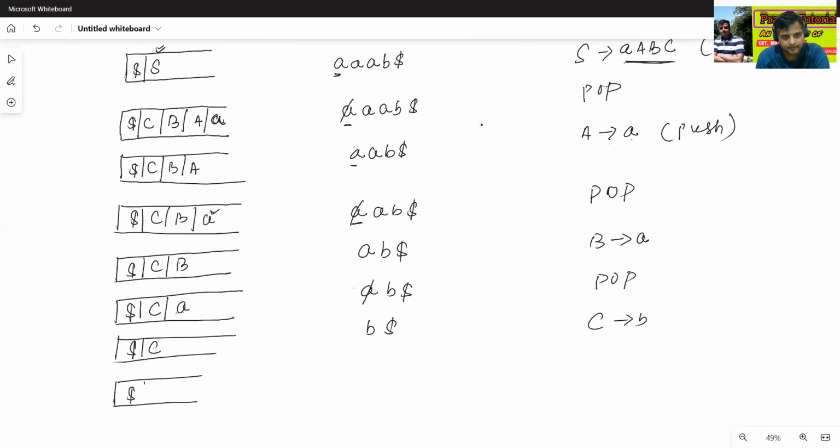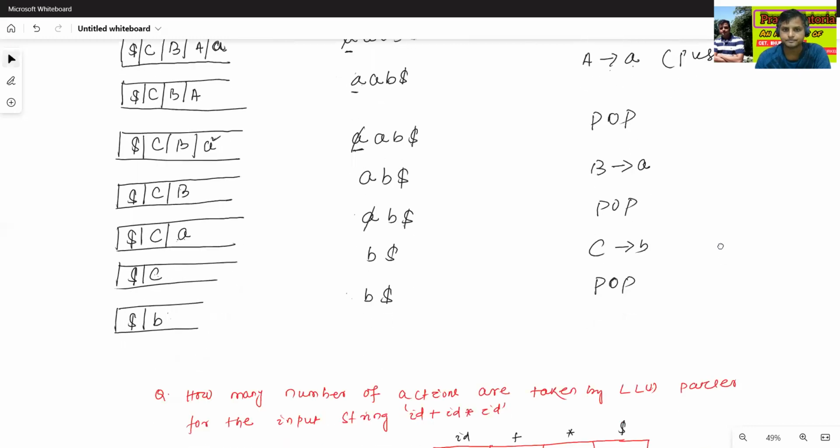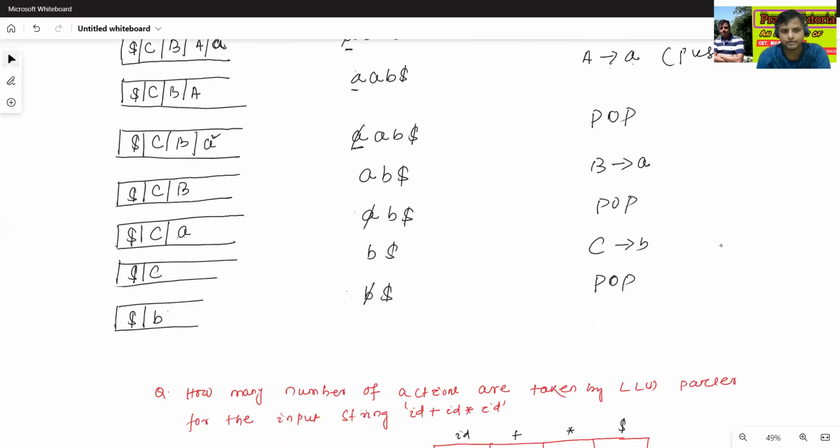This is dollar and this is B. So this is B, this is dollar. B and B both are matched. Since B is the terminal and B is the terminal, both are matched. Then this is the pop operation. So finally, this B pop.